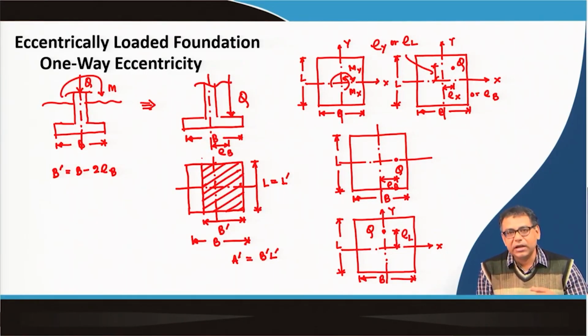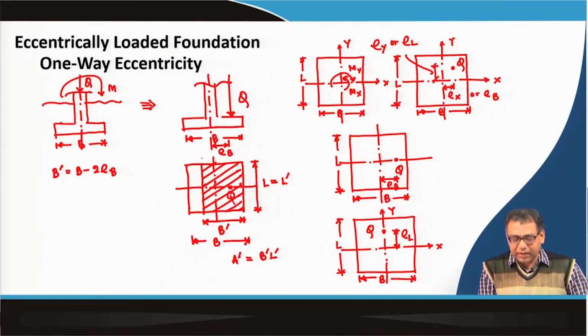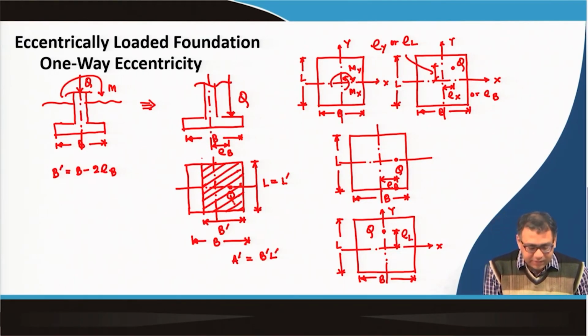Similarly, E L is how much distance the load is acting away from the center towards the length direction. Okay. So, here my load is acting here. That is why this effective area is reduced on this left hand side.